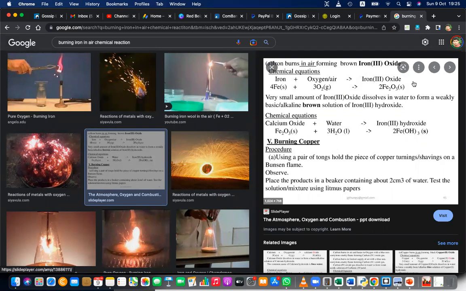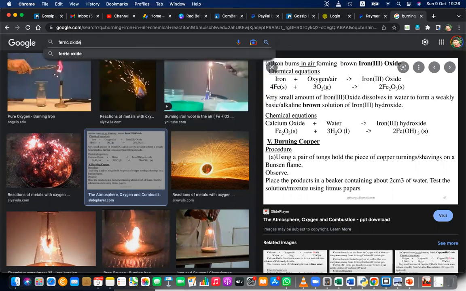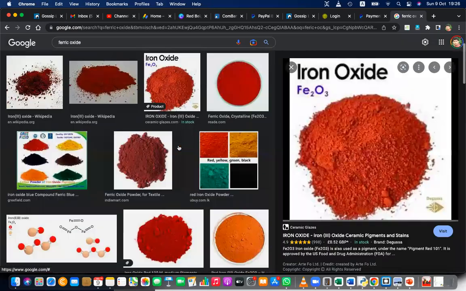Fe is ferric. So this is what happened in the reaction, iron 3 oxide. So here it's called ferric oxide.